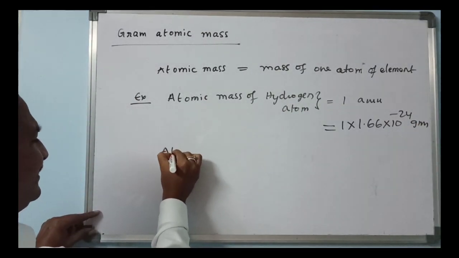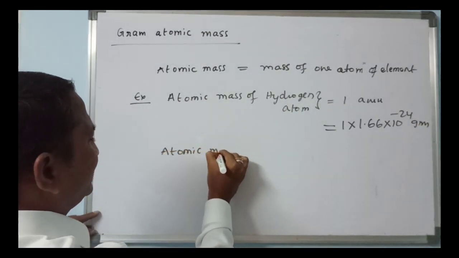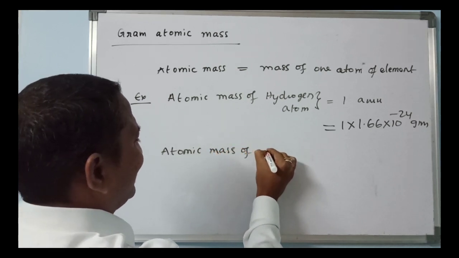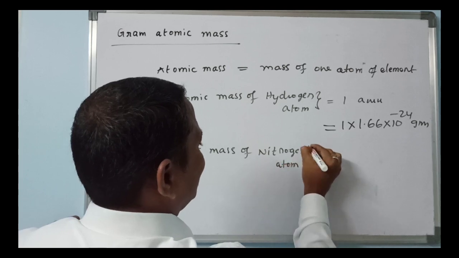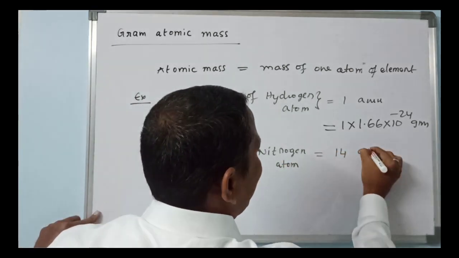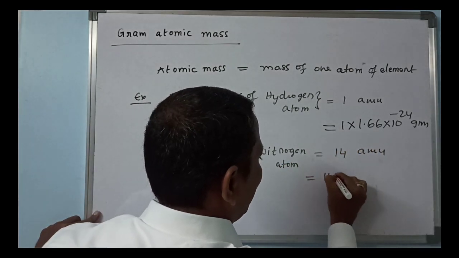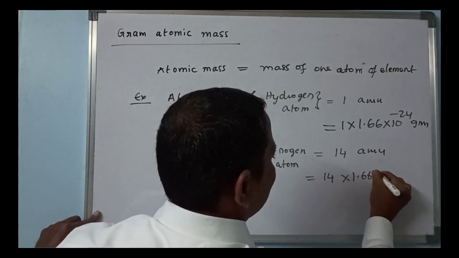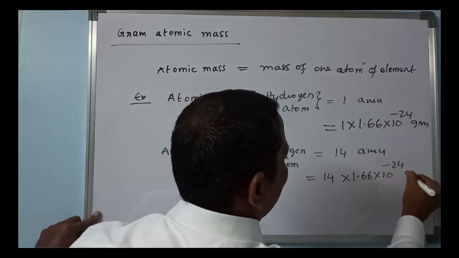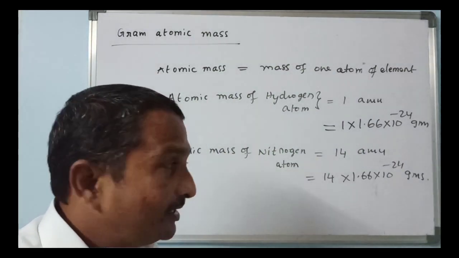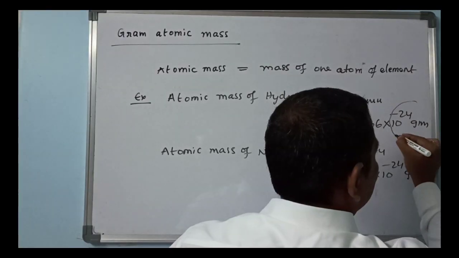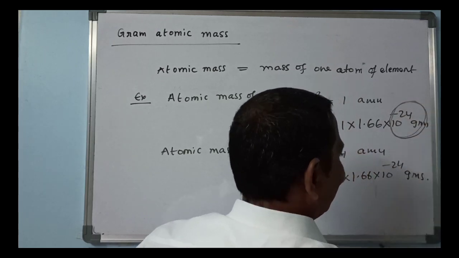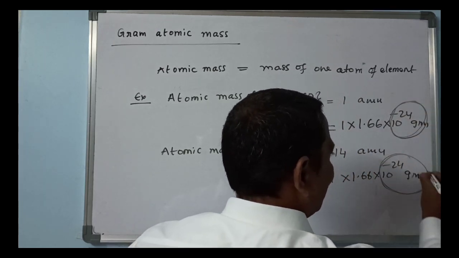Similarly, atomic mass of nitrogen atom is 14 AMU. That means 14 into 1.66 into 10 power minus 24 grams. Listen carefully. 10 power minus 24 grams.